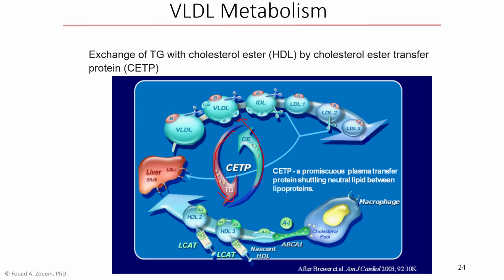This is a way HDL is able to get rid of cholesterol, either by taking it all the way to the liver, as it usually does, or by exchanging it with VLDL, and VLDL goes all the way to LDL and comes back to the liver as well. So these are two ways HDL can bring cholesterol back from the circulation all the way to the liver. This is a very important mechanism that you need to know.